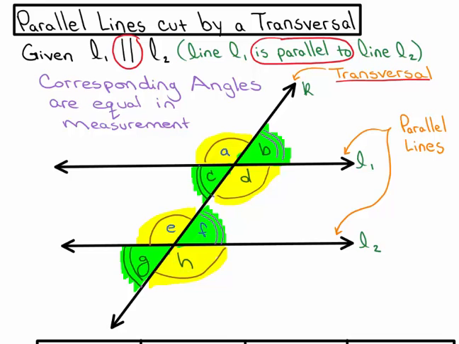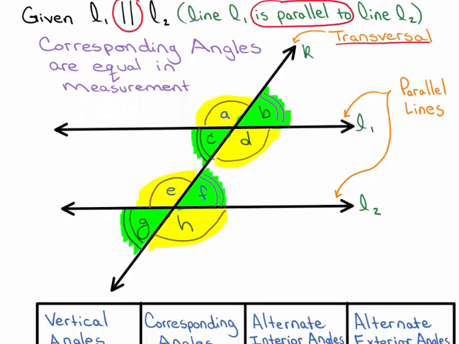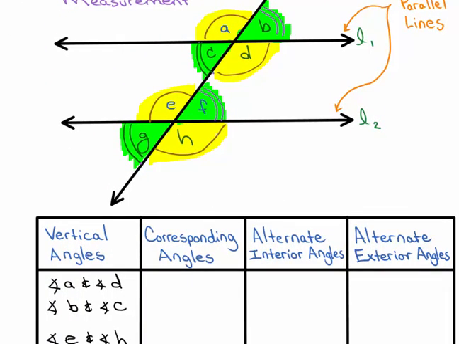Alright, so let's go ahead and fill these down here in our little chart. Start off here, corresponding angles. We started off with angle A and angle E. Right? And then we said that angle C and angle G were corresponding angles.